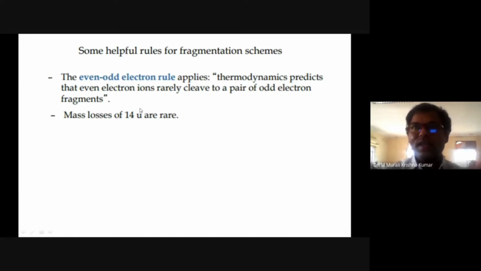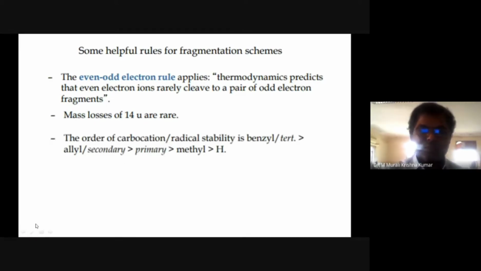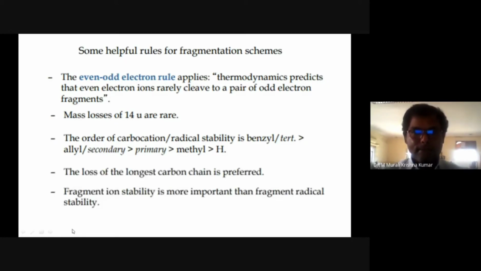When that is cleaved, you get either a carbocation or a carbanion. In either case, you will always end up with an even numbered ion. This is what we had discussed already, also in Stevenson's rule.